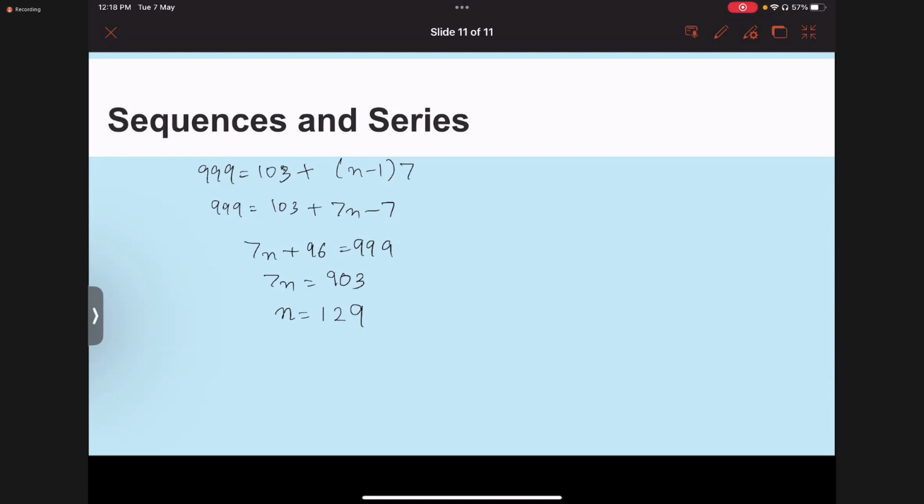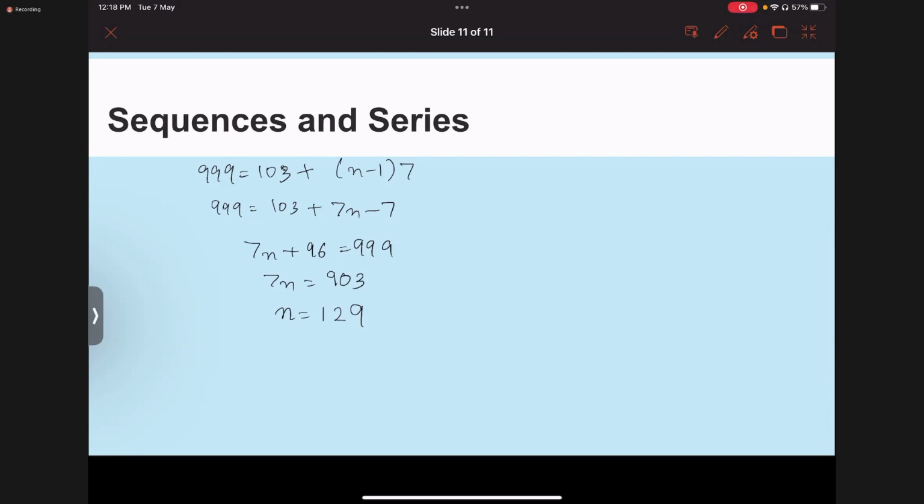you will have one middle term. So you will have a middle term and you will have an equal number of terms on the left and the right side of this middle term. So how do we find which term is the middle term?